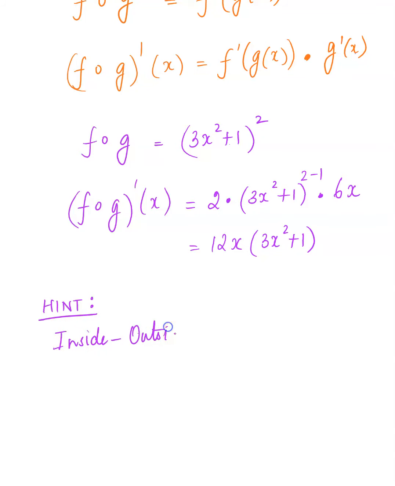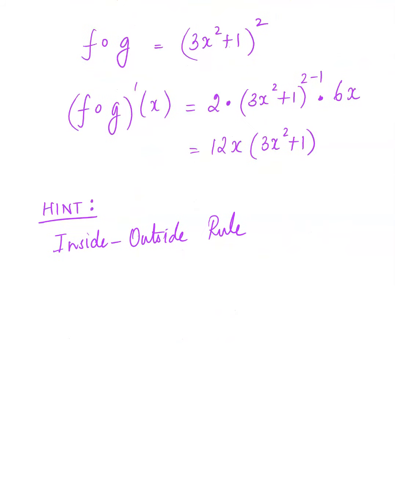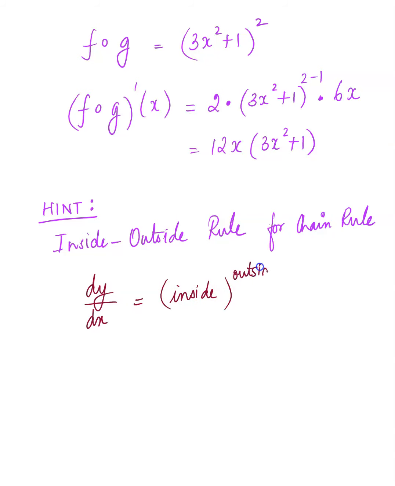Inside-outside rule, for chain rule, of course. So let me write that also. Now if I had dy over dx, and I had something inside and something outside, it needn't necessarily be a power, usually it will be, but it could even be a radical, which can be rewritten as a power. But if you had something like this, what we're saying is you need to find the derivative.